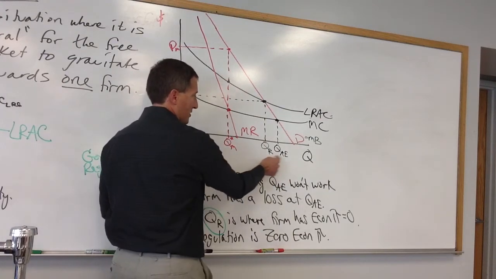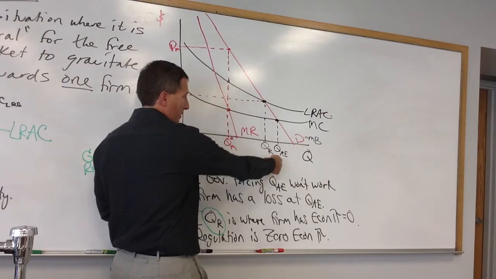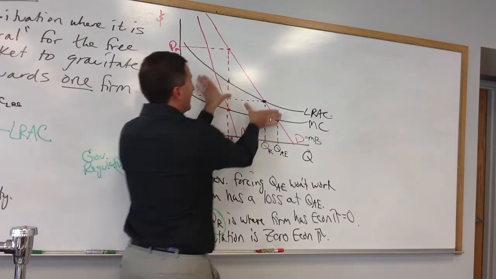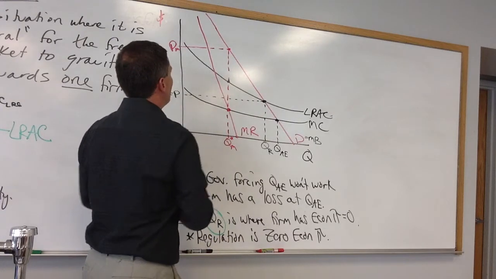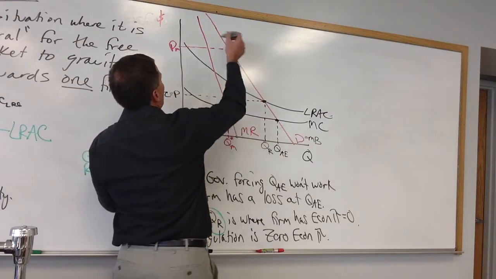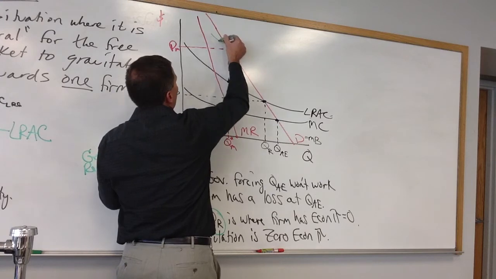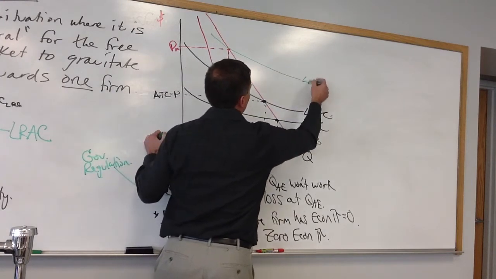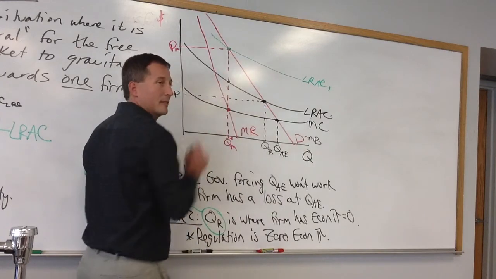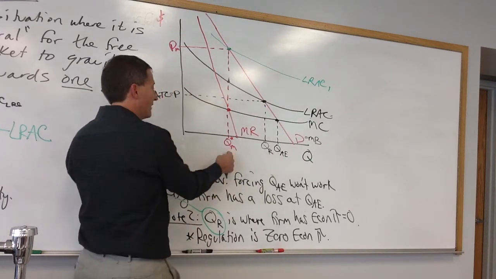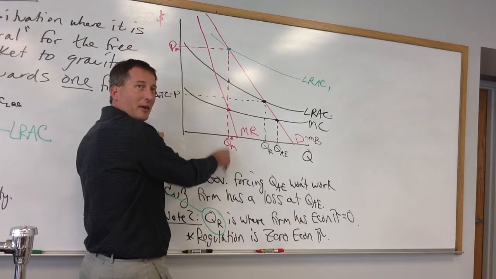So QR starts to drift away from what we thought we were going for, and they're going right back. In fact, if they're successful at raising costs enough, burying all trips to the Bahamas and all that kind of stuff, what if they raised their cost up to LRAC 1? Look at our result. We're right back to where we were anyway with a free market.